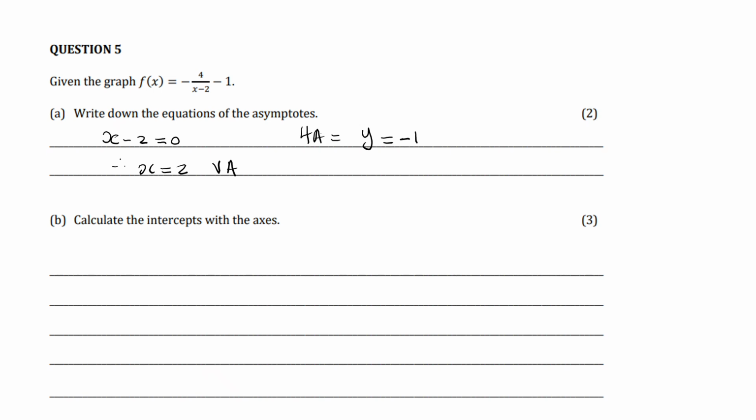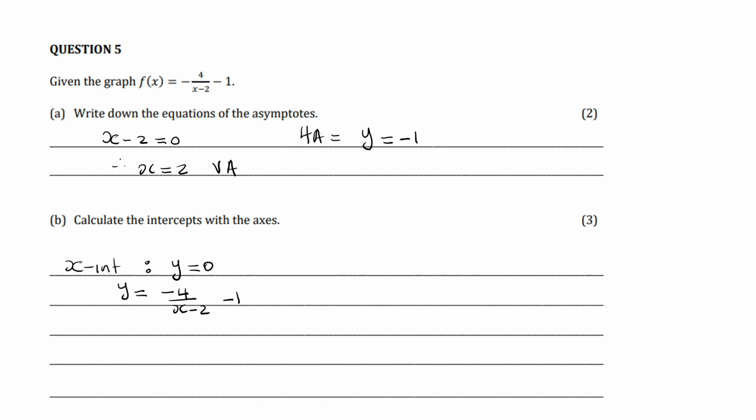Calculate the intercept with the axes. To calculate the intercept, we can start with the x-intercept. How do we find the x-intercept? If y is 0. So we just have to rewrite our equation, f of x, but let's write it as y so that everything can make sense for everyone. y equals minus 4 over x minus 2, minus 1.